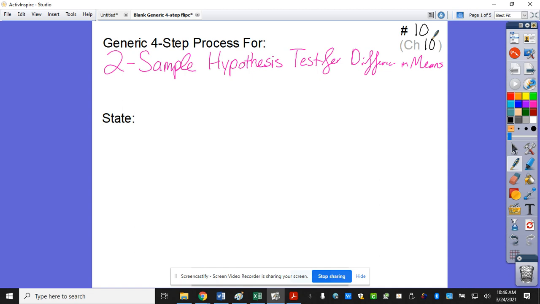So what was the first thing we did for number 8 in state? So for this whole chapter, we've started out state the same way generally. We always do what initially? Define your variables. So for this problem, because we're dealing with means, we're defining what and what.